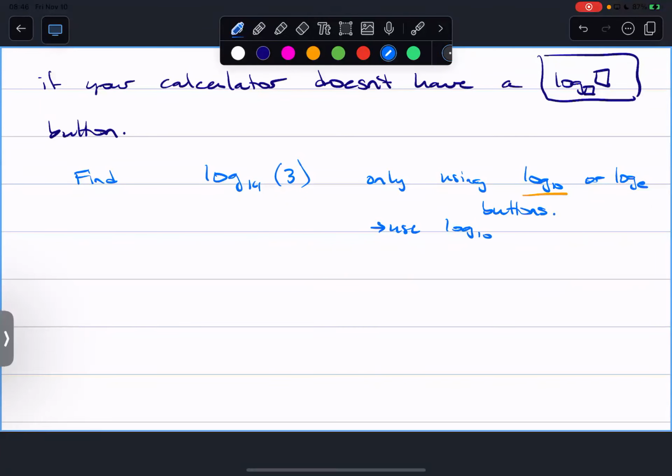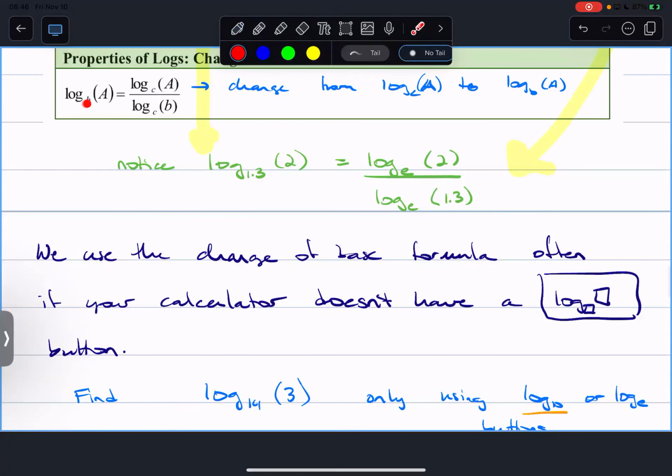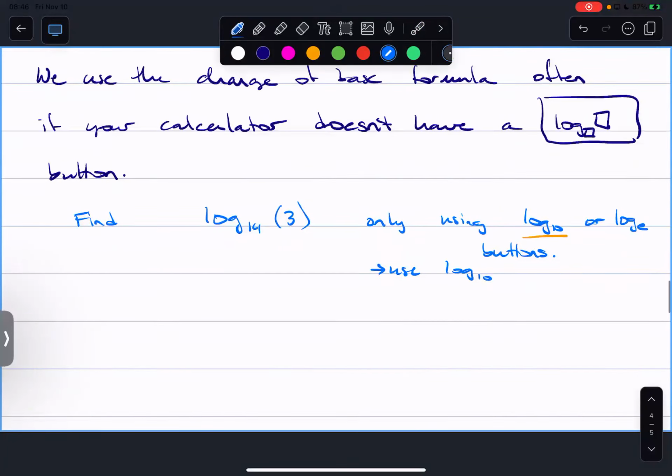So what you're going to do is rewrite log base 14 of 3 in terms of something with log base 10. So C is going to be 10.